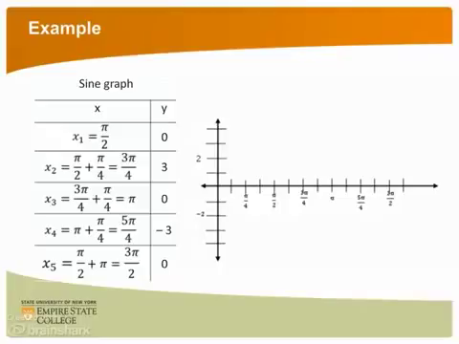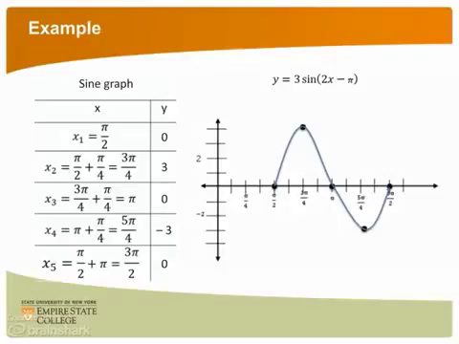So we have the points (pi over 2, 0), (3 pi over 4, 3), (pi, 0), (5 pi over 4, negative 3), and (3 pi over 2, 0). We plot those points. Connect the points, and we have graphed our sine function.